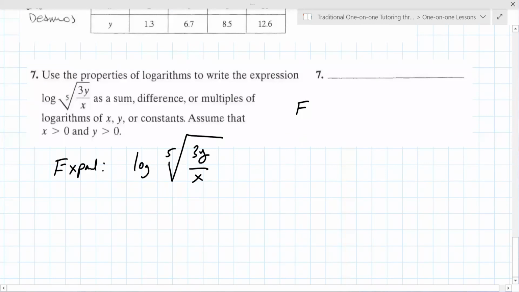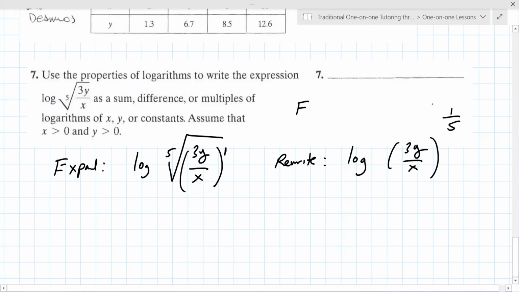But for expand, there is a rewrite step here, which is you want to know how to handle roots. So as a reminder, the root of 5, there's really a 1 here that's not written, and then it becomes 1 over 5. You want to be comfortable matching where those numbers go.